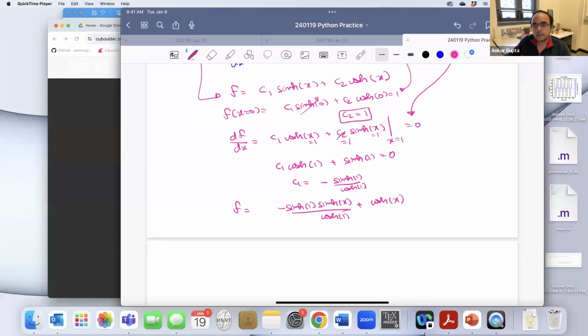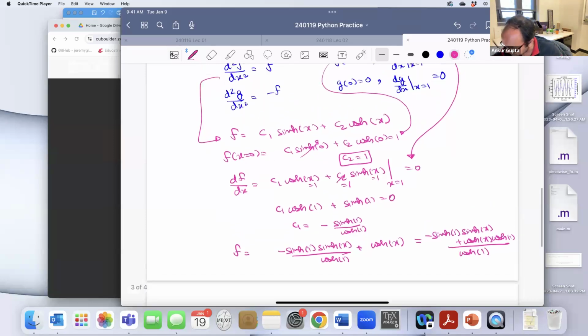This is the solution, and we can actually go a bit further if you look carefully. We can write this as minus sinh of 1 sinh of x plus cos of x cos of 1, all divided by cos of 1. I believe this should be cos of x minus 1.